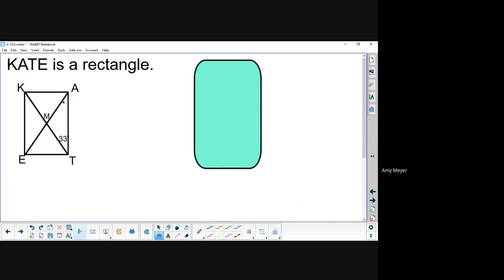How big is that? 33. Here's how he knew that, I'm guessing. Because we had just talked about in a rectangle that this is true. So he's thinking, okay, so if this is an isosceles triangle, and I've got 33 here, this other base angle has to be 33. Very good.